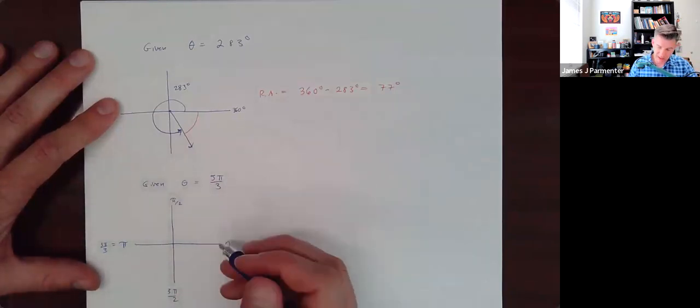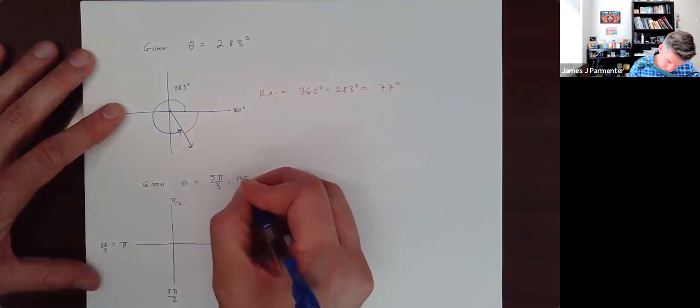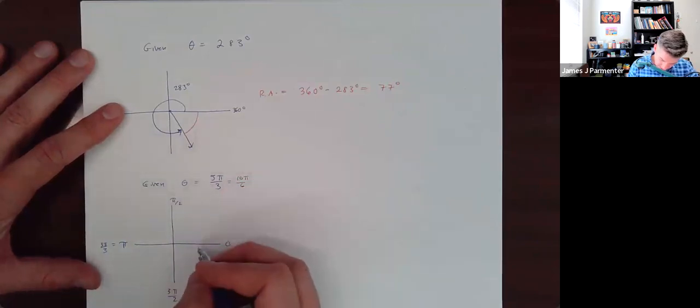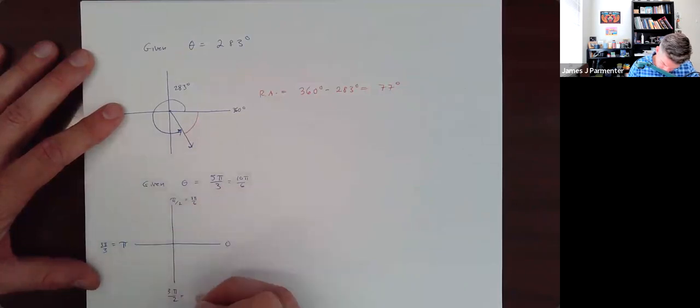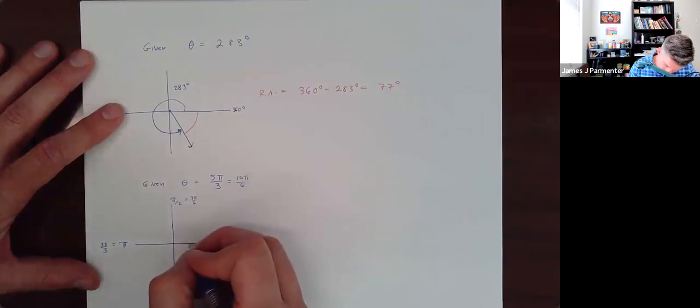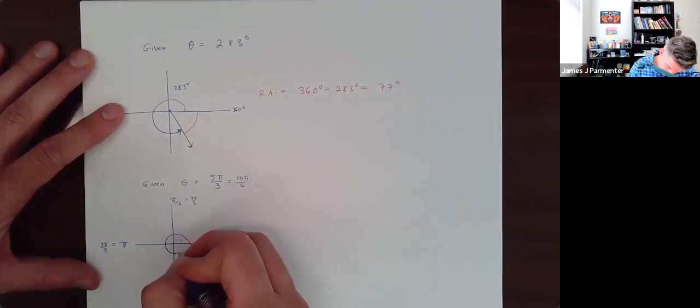So 5 pi over 3 is the same as 10 pi over 6. And then pi over 2 is really 3 pi over 6. 3 pi over 2 is really 9 pi over 6. So 10 pi over 6 is a little bit bigger than 9 pi over 6, or 3 pi over 2. So I'm right there.